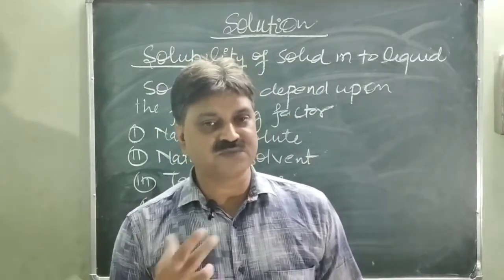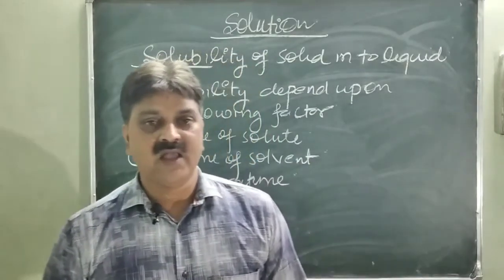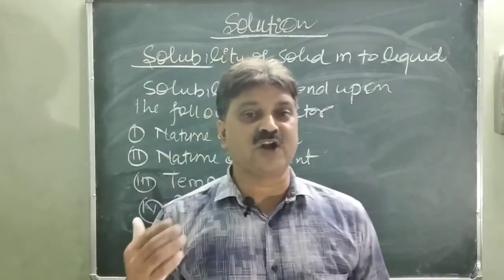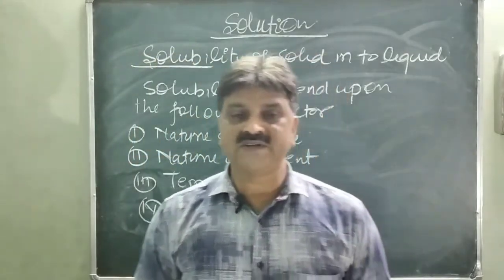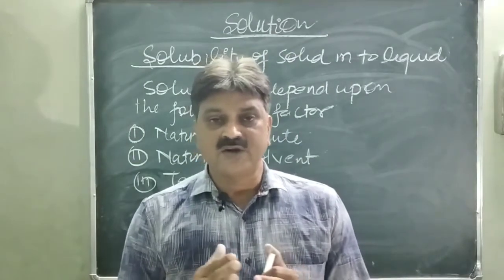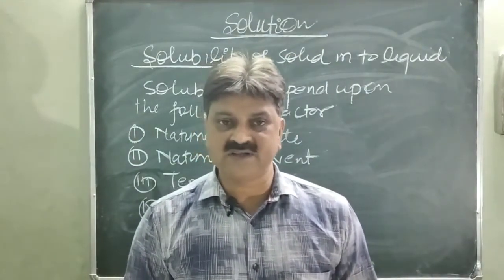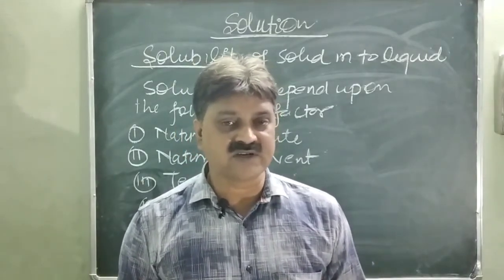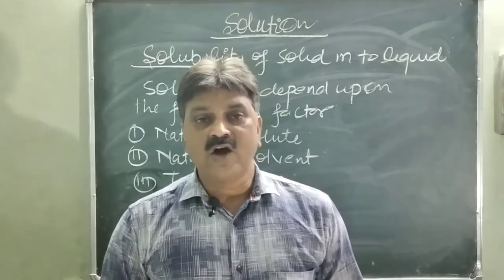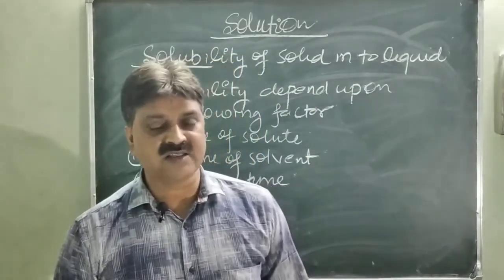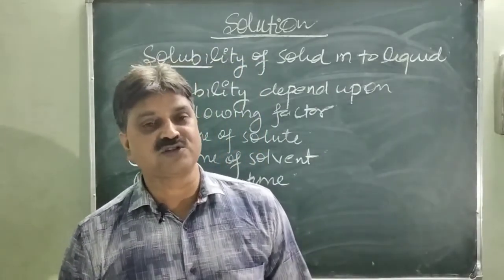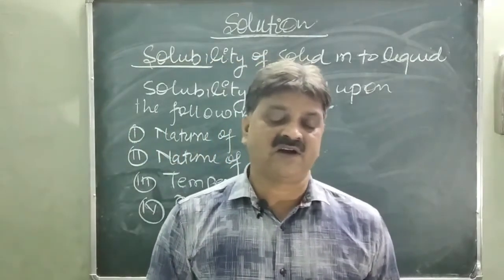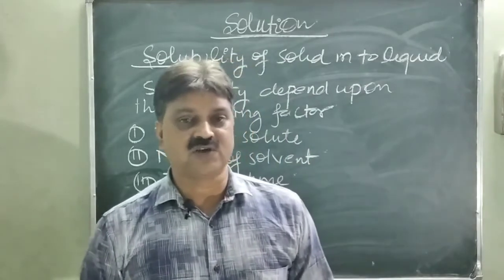So there are two types of solute. The solvent also has two natures: polar solvent and non-polar solvent. Polar solvent is just like water, which can be dissociated into H plus and OH minus. However, non-polar solvents are organic compounds like benzene, ether, carbon tetrachloride, alcohol, etc.